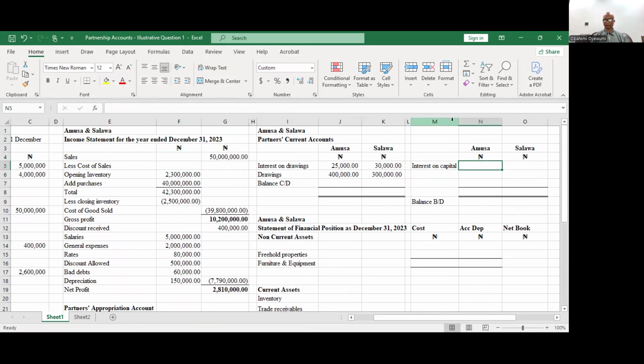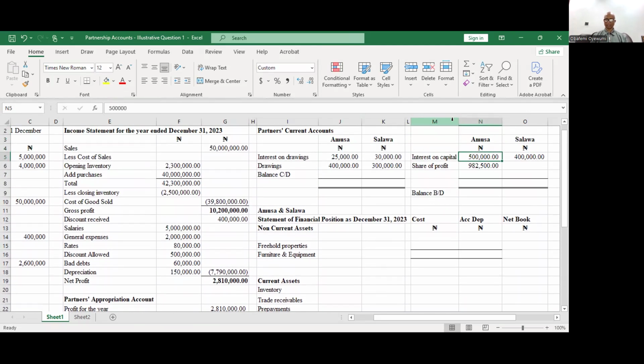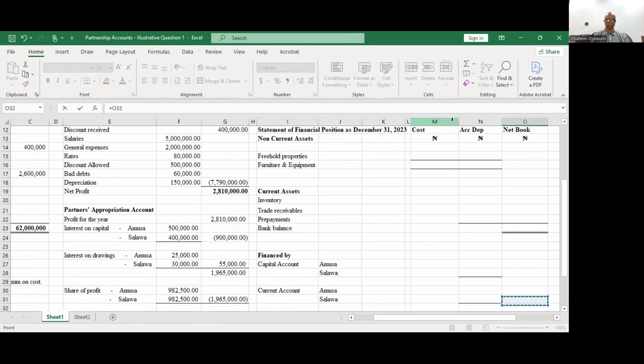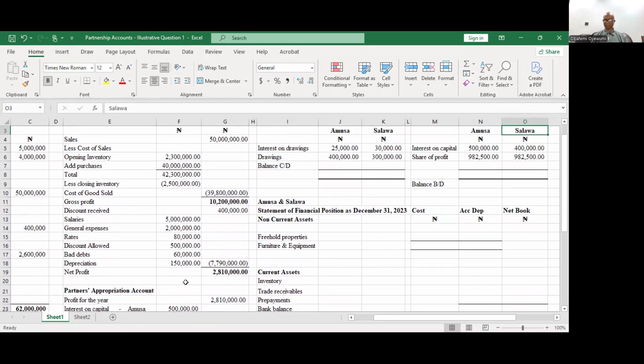Then share of profit. How much? We know that the two of them share the profit equally. So we come here to say 982,500, and then we also come back for the next person, Salawa, 982,500. So that's what we got.